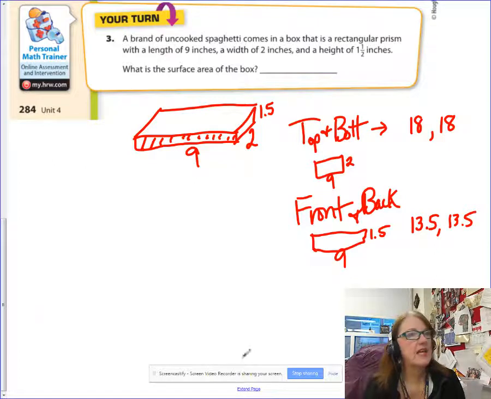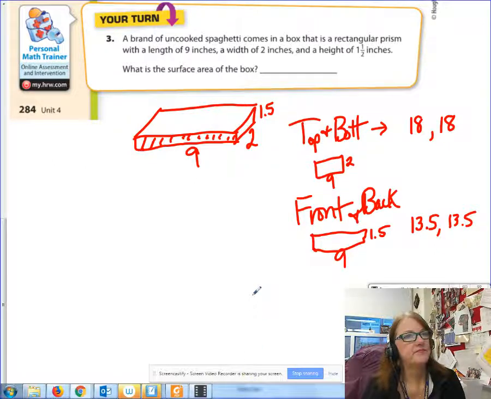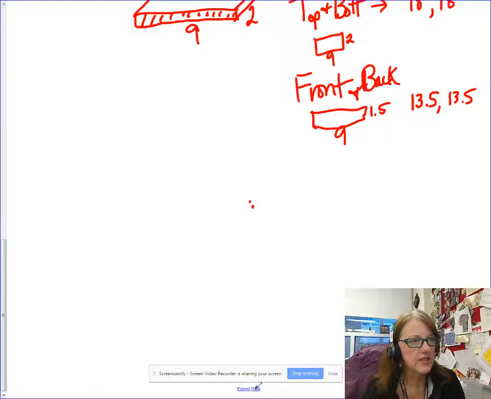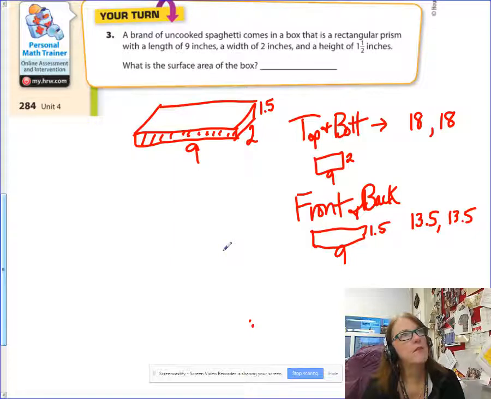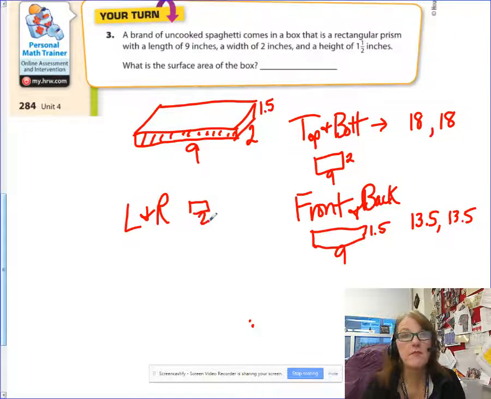Last but not least, we haven't talked about, hang on, I'm trying to get the page to cooperate here. Now we have to talk about, which ones? Oh, the left and the right. Left and right sides are these tiny little rectangles that measure 2 by 1.5. Multiply that to get your area. That's 3 for each of those.